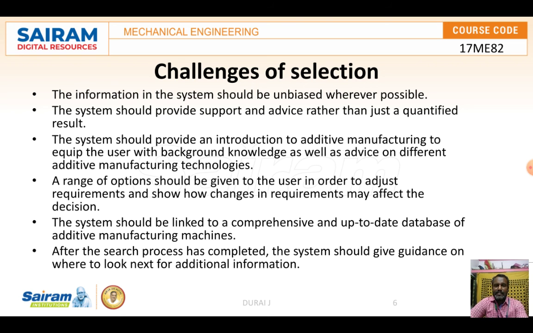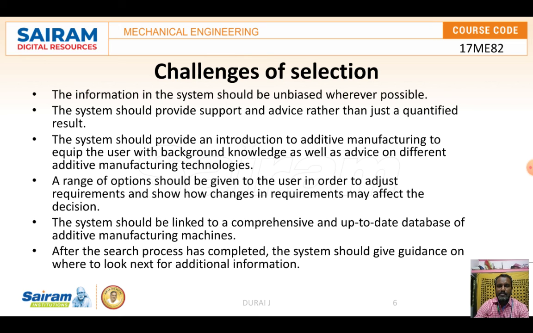Challenges in the selection of AM process. What are all the challenges we are going to face while selecting the additive manufacturing process? First one, the information system should be unbiased wherever it is possible.